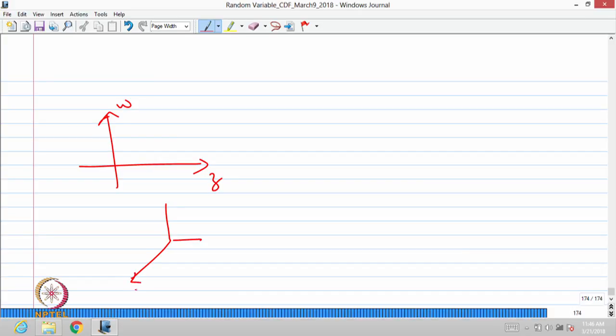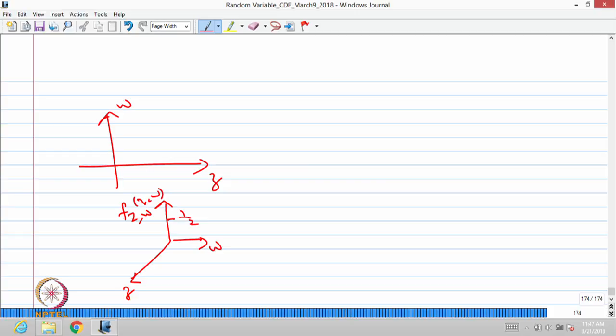First, we will identify, basically what we want is the joint probability density function of z and w. For that, first we find the region in which the joint probability density function value is 1 by 2.